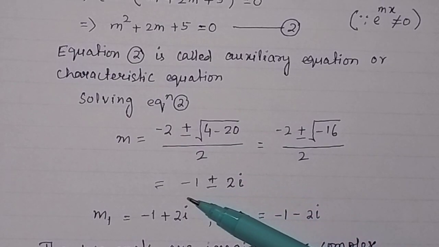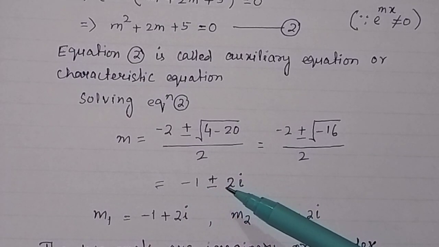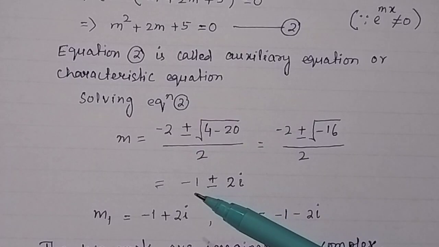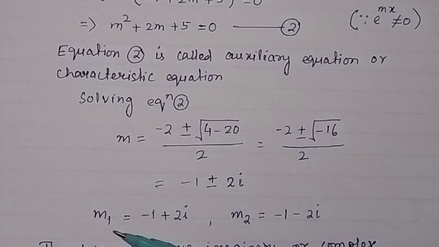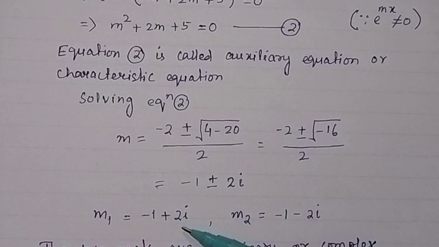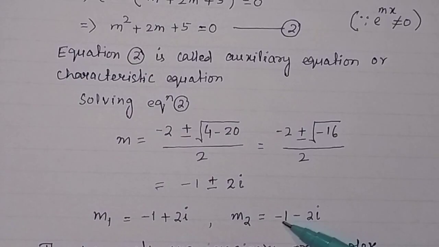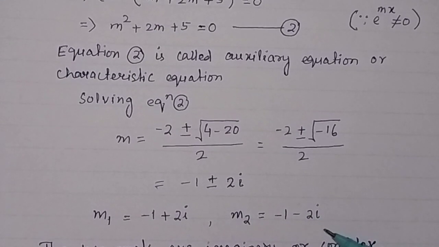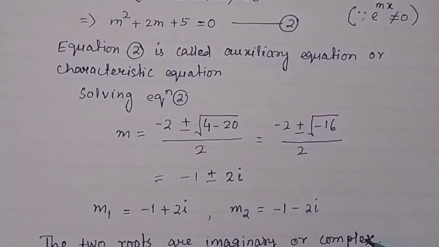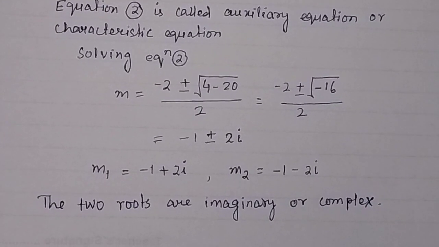So the two roots are minus 1 plus 2i and minus 1 minus 2i. Let m1 equal minus 1 plus 2i and m2 equal minus 1 minus 2i. So these two roots are imaginary and complex.